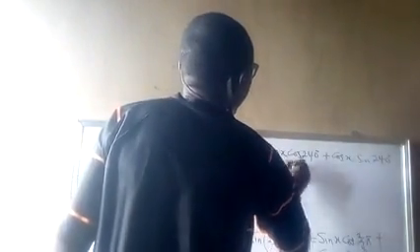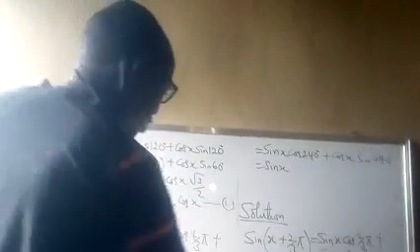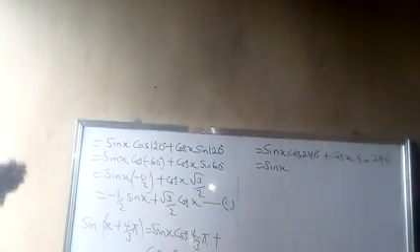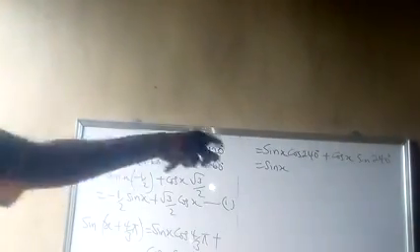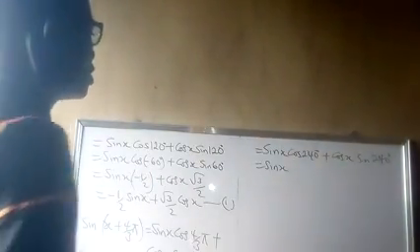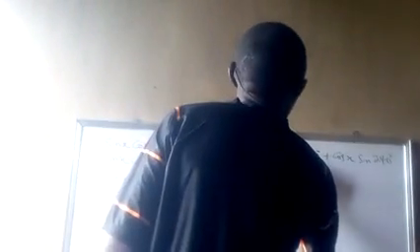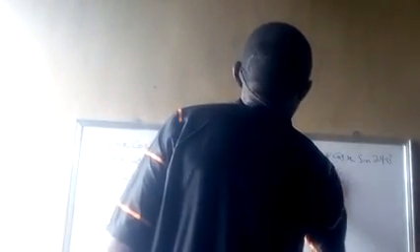Now cos 240 degrees. Don't forget, by the time you go back to your quadrant knowledge, 240 is in the third quadrant. To get the value, you subtract 180 from 240, so this will be minus cos 60 degrees.